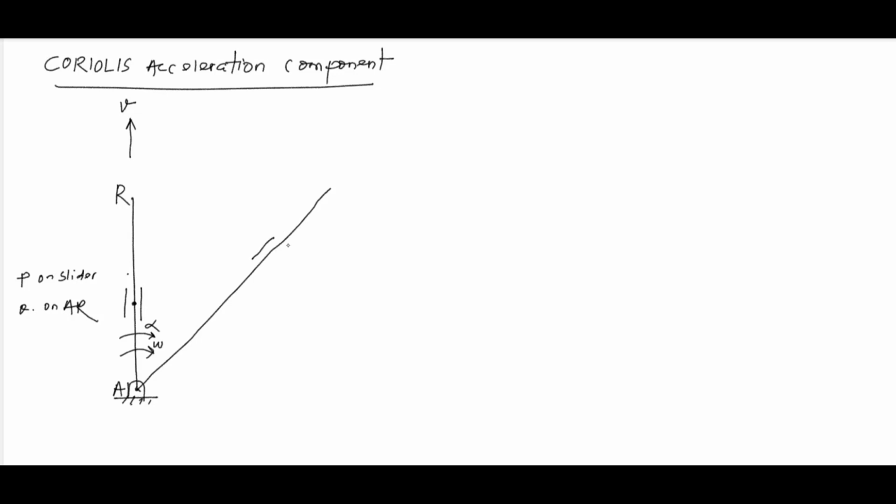Then we have, let's say after a particular time interval, the rod displaces through angle del theta and comes to this position. And here this angle will also be equal to del theta, and it will be omega dash r dash cos del theta.